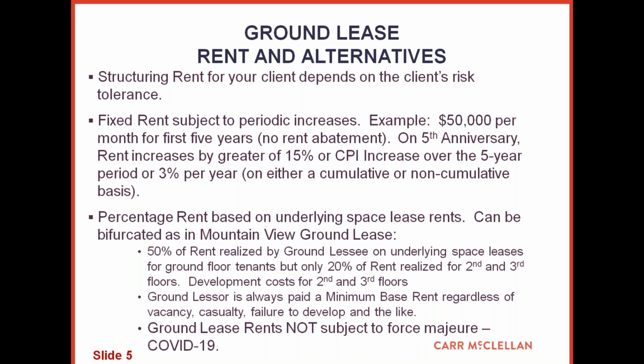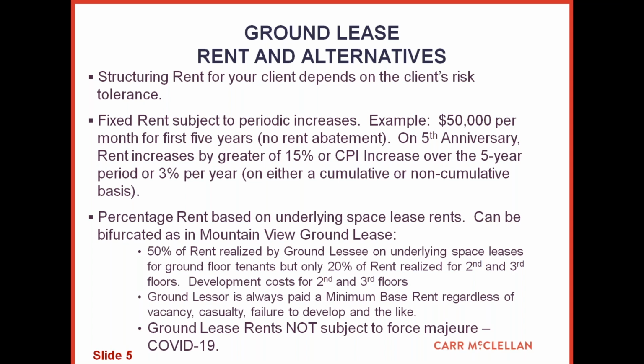And it made for an interesting negotiation. The client here was willing to take on some development risk. So we structured for the client percentage rent. That is, the client shares in the rent, profit, and income that the ground lessee realizes from its ground tenants.